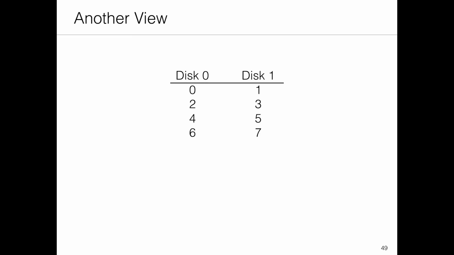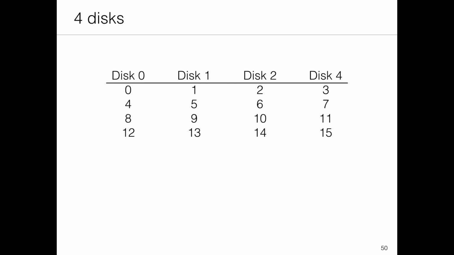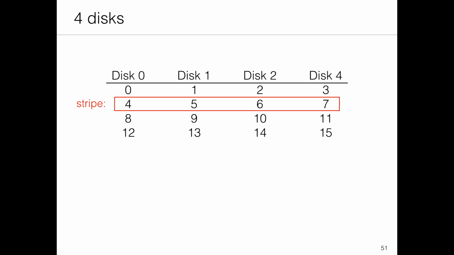Another way to look at this is, these are the different blocks that we are putting, and we put them 0, 1, 2, 3 in this way. If we had 4 disks, how would this view look? We put block 0 in disk 0, block 1 in disk 1, and so on and so forth. And this one row of this view is called a stripe.